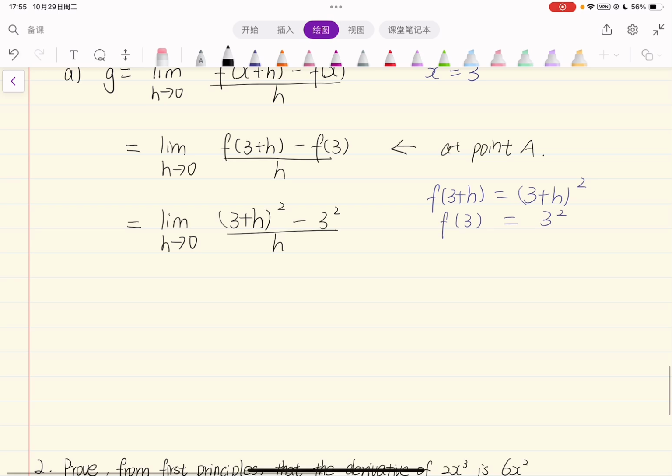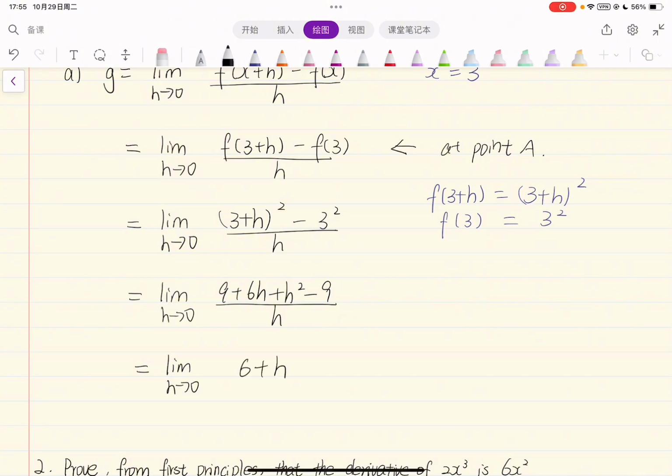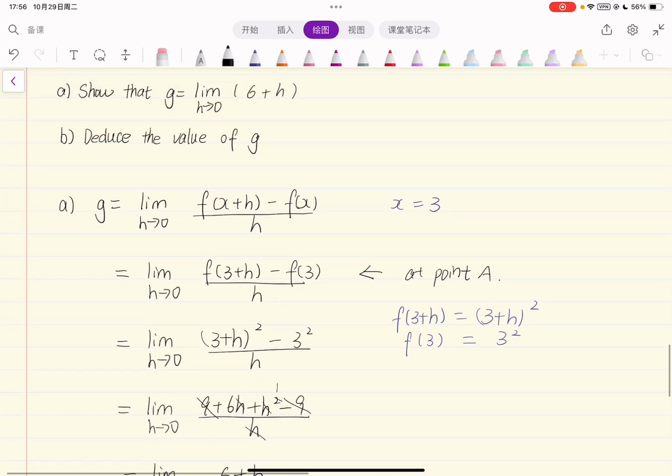We rearrange that: the limit as h tends to 0 of 9 plus 6h plus h squared minus 9 over h. So we have the limit as h tends to 0 of 6 plus h. The 9 and minus 9 disappear, and dividing by h leaves only 6 plus h. So we get the answer.